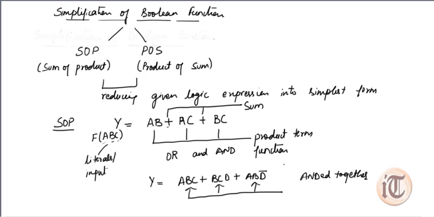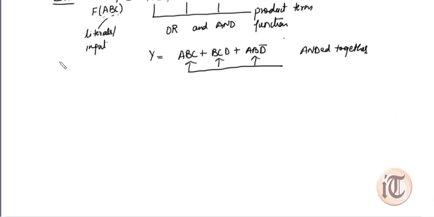Now we will explain what is POS form. POS is product of sum. First we will take some examples. Suppose we have an expression like y equals A plus B, dot B plus C, dot A plus C. How many literals are there?